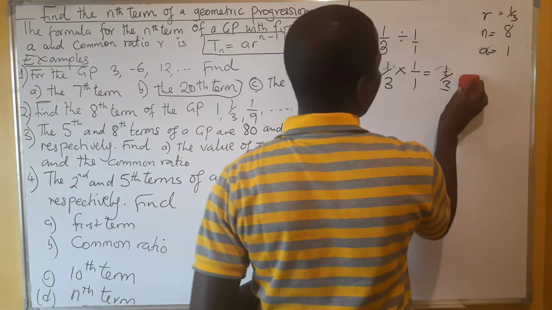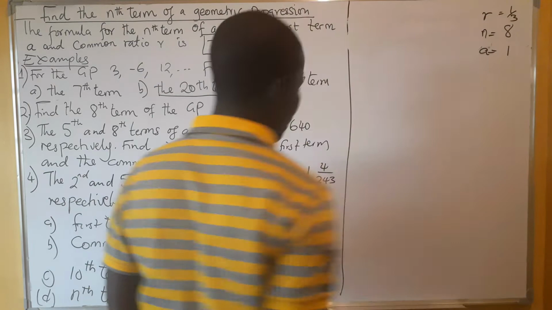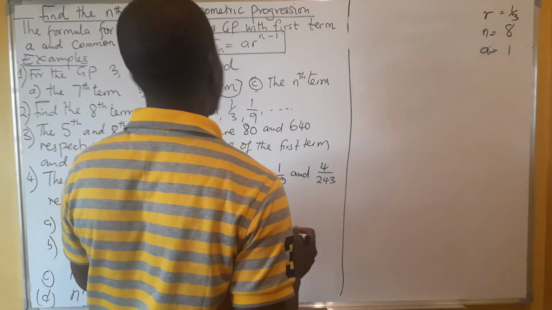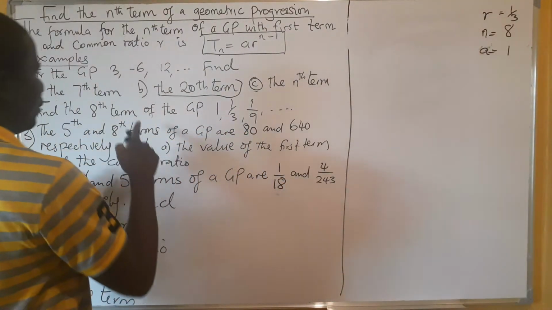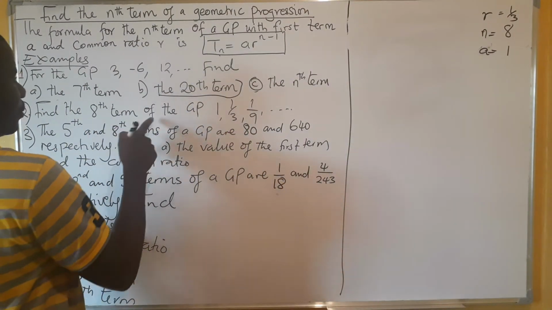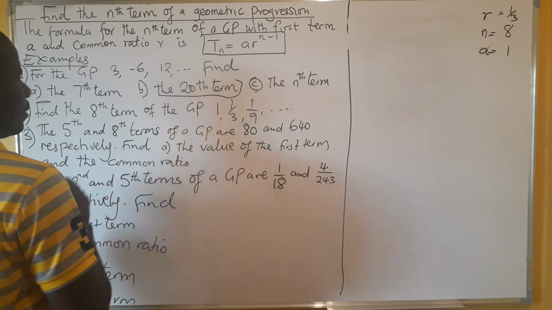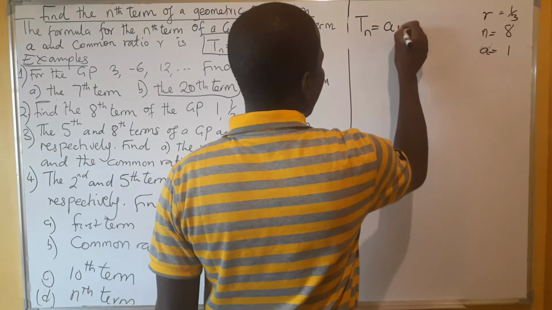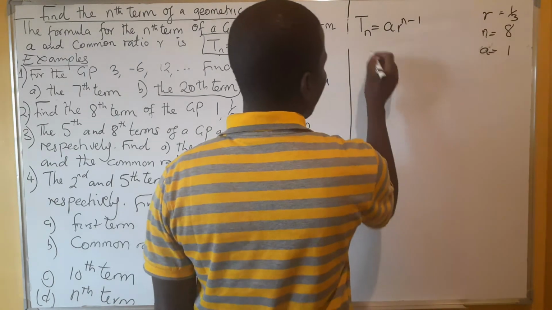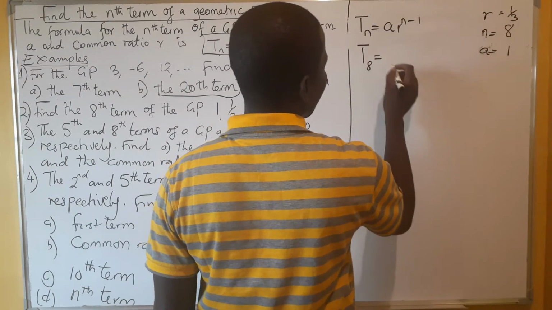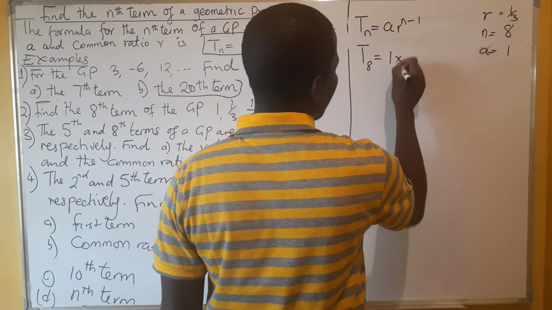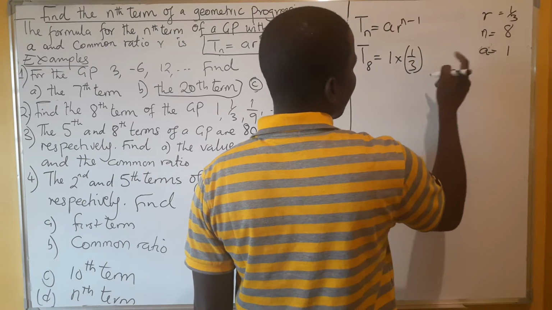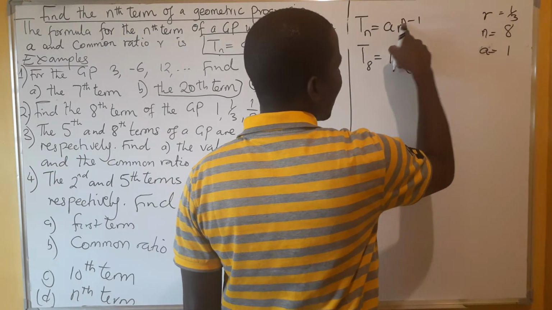Take note. So now I come to the actual formula. We want the 8th term. So our first term is 1 multiplied by R, which is 1 over 3, to the power 8 minus 1.